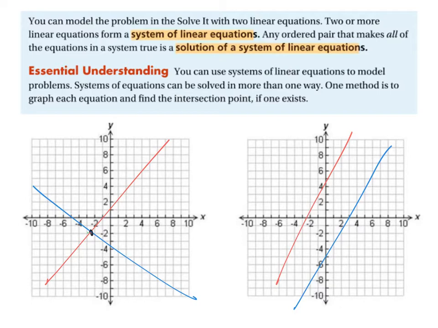So that's one idea. You could also have this going on where you have both lines essentially crossing at all points. This red line and this blue line are right on top of each other. And every point that solves one solves the other. So there's an infinite number of solutions for two equations that are right on top of each other like that. Okay? Those are the big ideas.